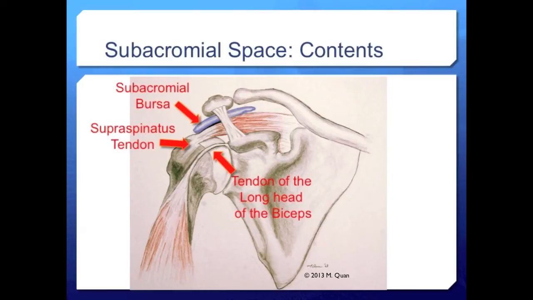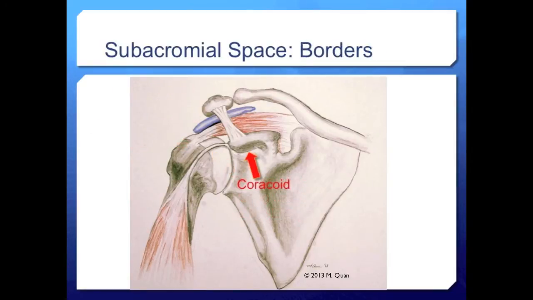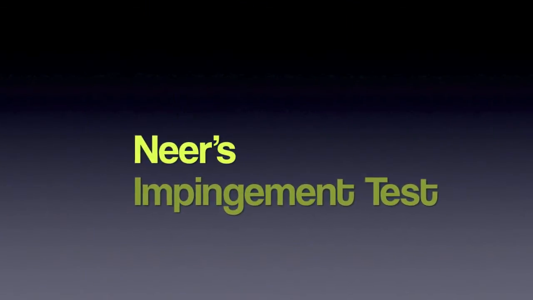Whether the patient's problem is with the contents of the subacromial space or altered architecture of the borders of the subacromial space, the Neer's and Hawkins impingement tests compress the space, which helps you narrow your differential of the patient's shoulder pain. Let's start with Neer's impingement test.